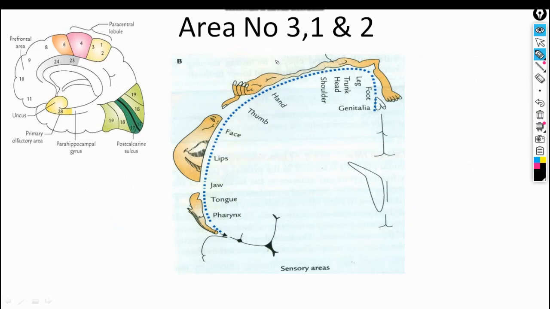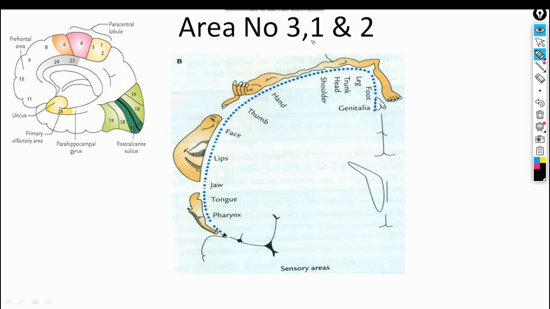We can understand the area occupancy of sensory input in our body by this homunculus, as we have seen the homunculus in the motor area. Here is the medial aspect of this hemisphere.